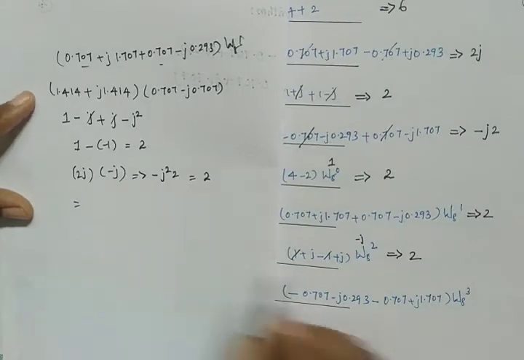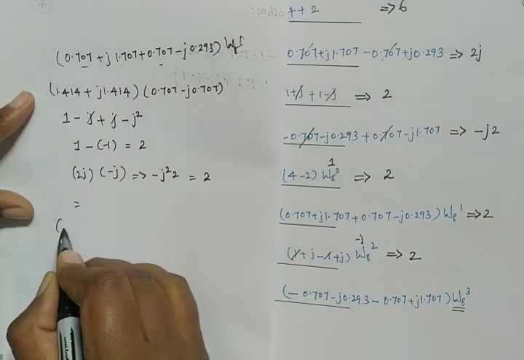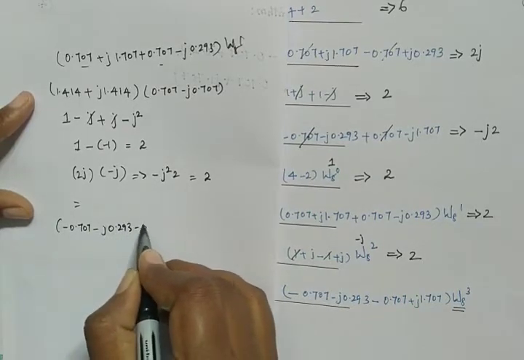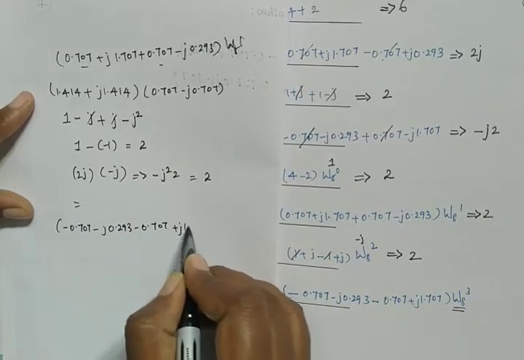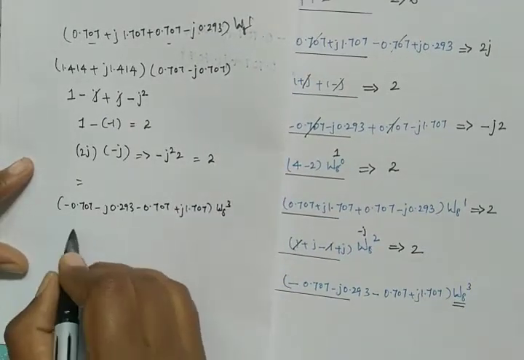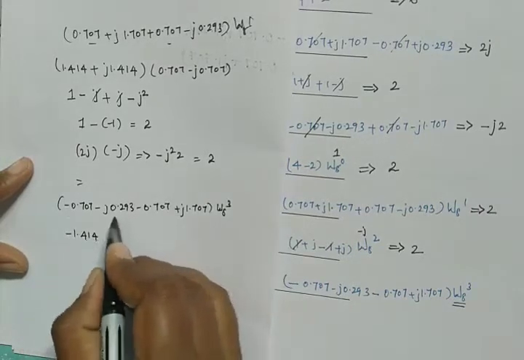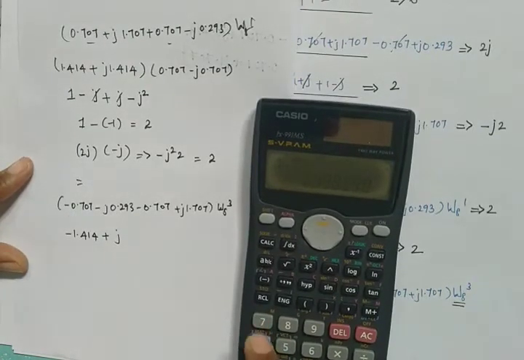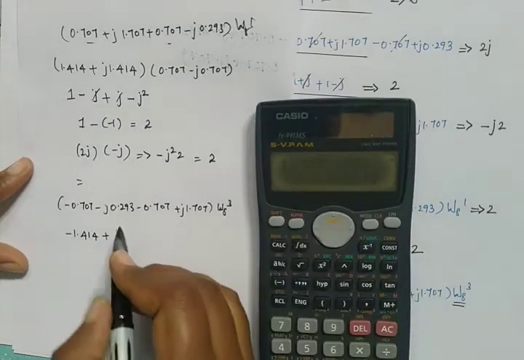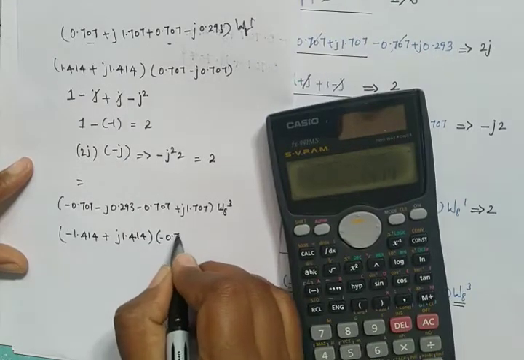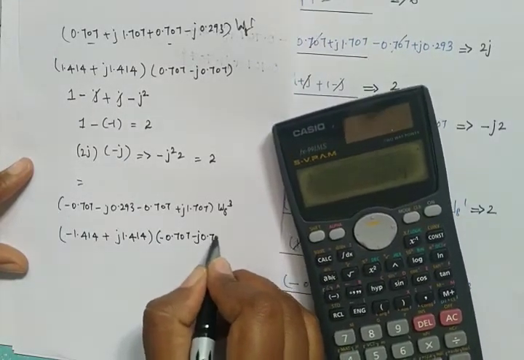Then finally we have W8 power 3. Now substitute minus 0.707 minus j 0.293, minus 0.707 plus j 1.707 into W8 power 3, and minus 0.707 minus 0.707 is minus 1.414. Then here we have plus j, 1.707 minus 0.293, is equal to 1.414 into this W8 power 3, which is minus 0.707 minus j 0.707.